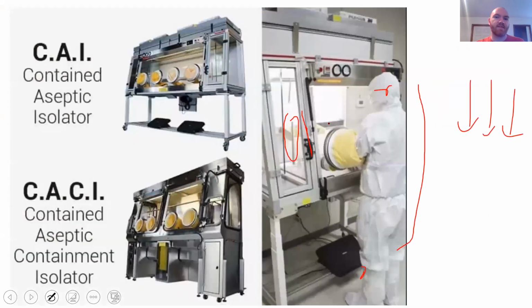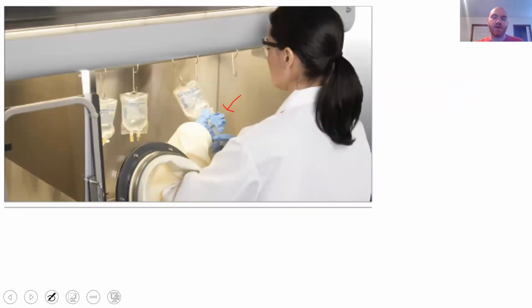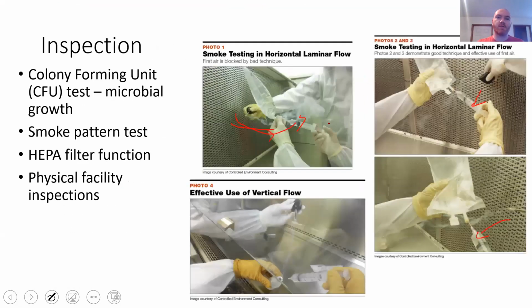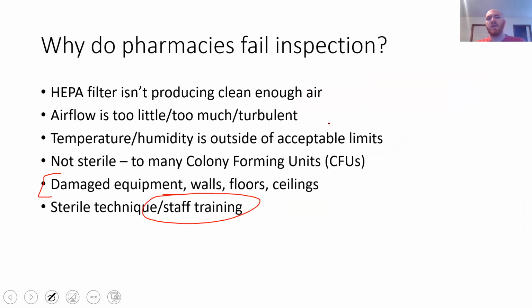All right, so that is your primary and secondary engineering controls. For your certification test and for this class, you don't really need to know the different subtypes of your primary engineering controls.